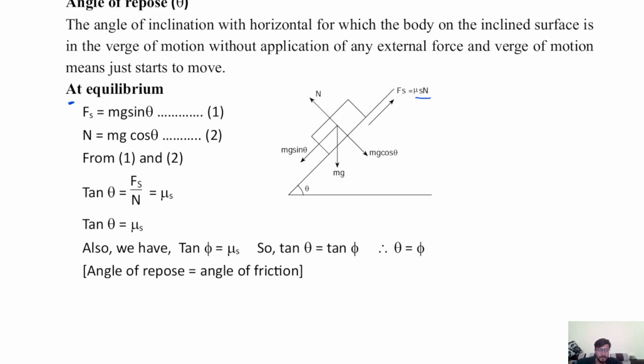For this body at equilibrium, the static friction is equal to this force.